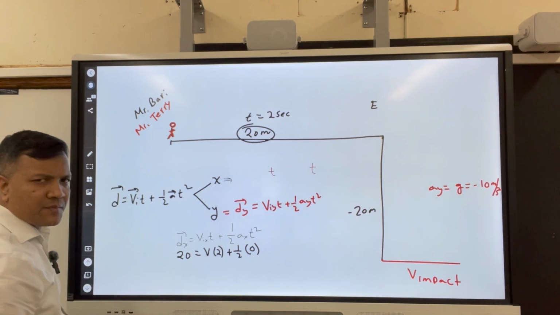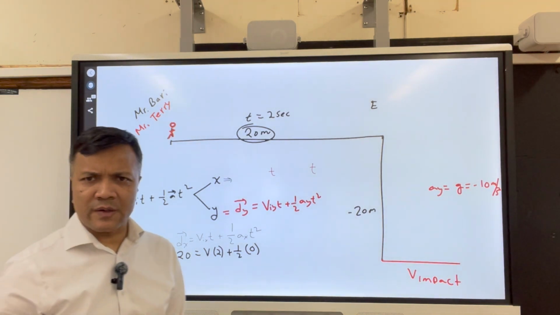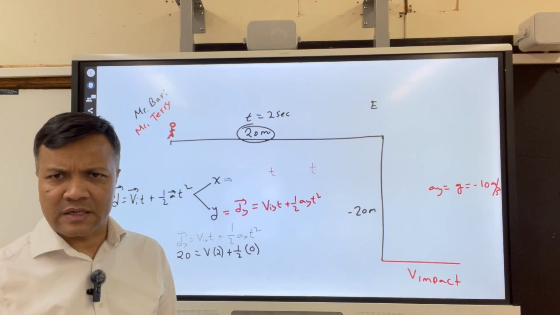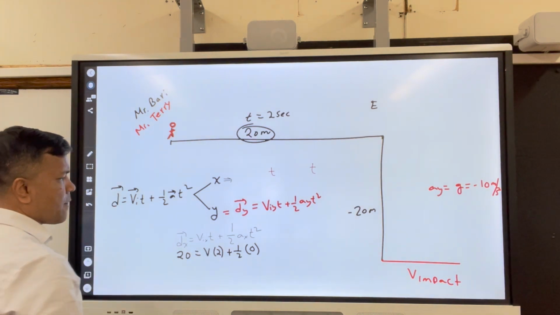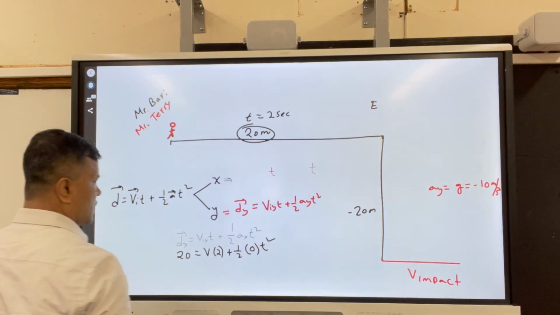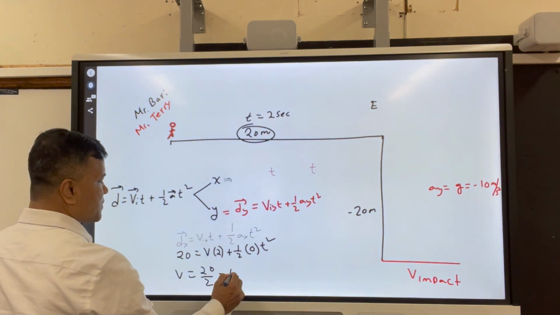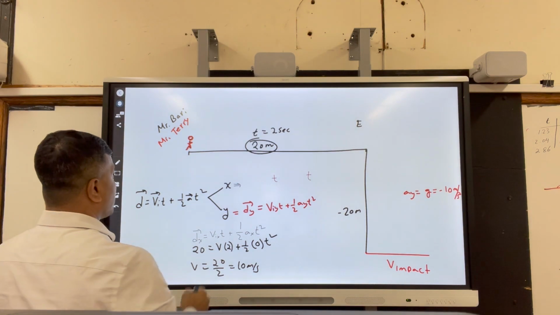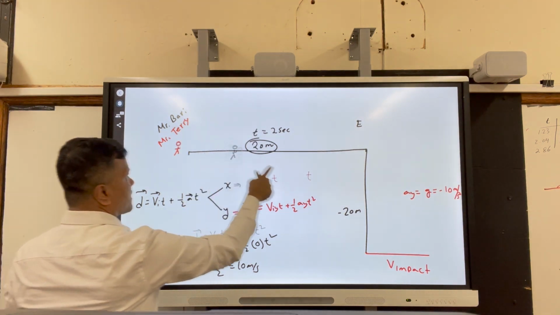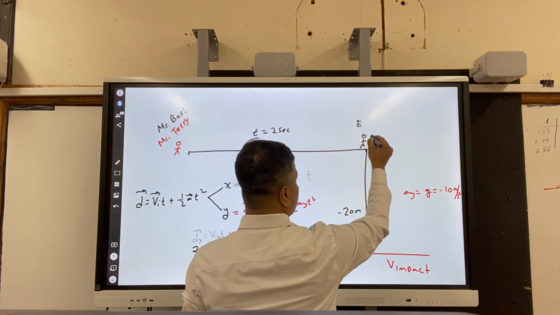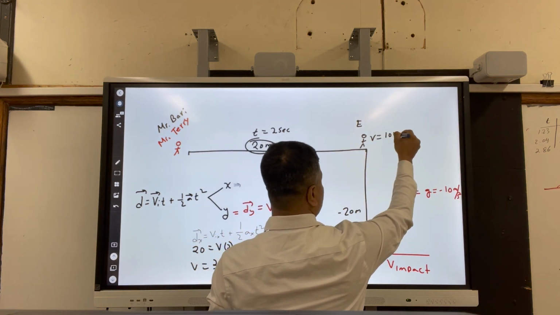Acceleration due to gravity is 0 as long as you do not lose contact. Mr. Body never lost contact with the rooftop, and t squared. So his velocity is 20 over 2, which is 10 meters per second. Velocity is constant, so Mr. Body's velocity is 10 meters per second.